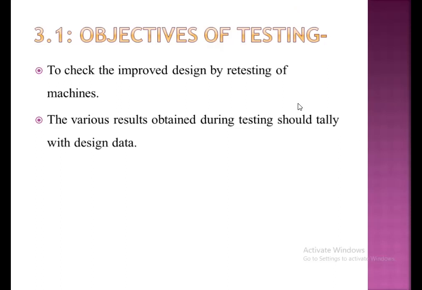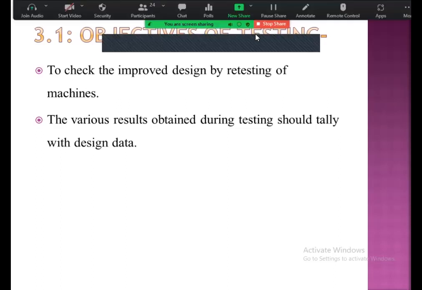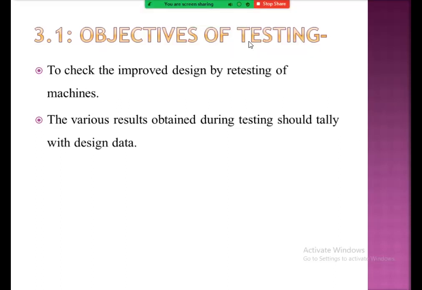Retesting is also necessary to remove the defects or deficiencies that are found in the machine performance. Then whatever the various results obtained during the performance of the machine should be tallied or verified with the design data. So these are the objectives of testing.